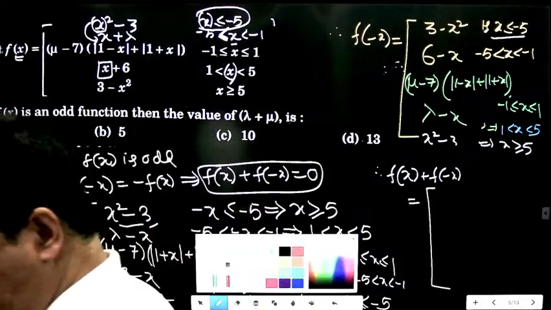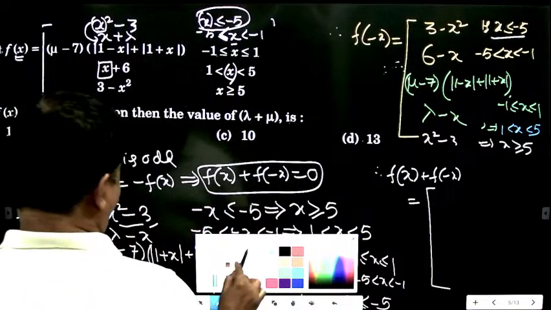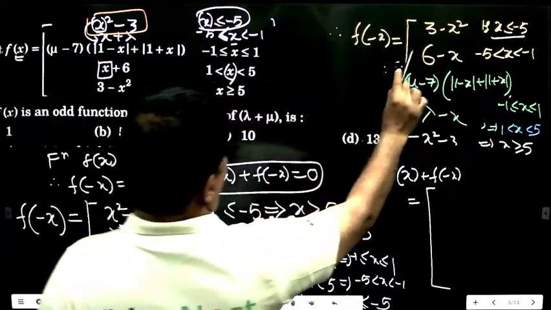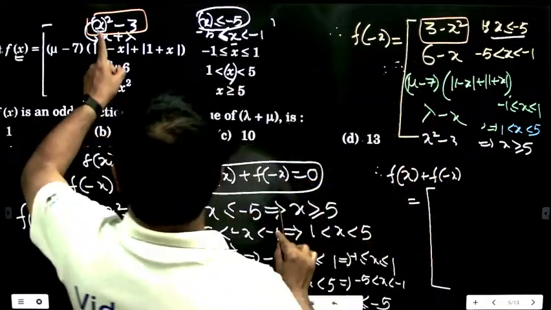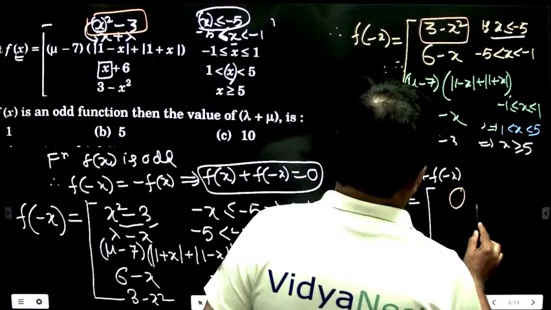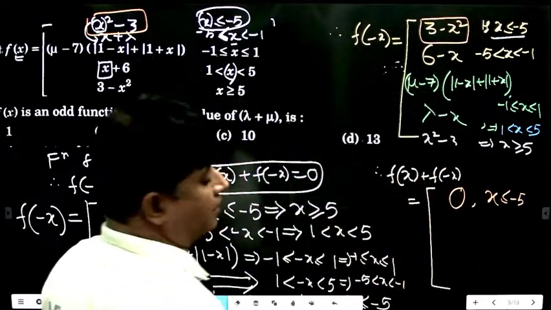So, these two functions will be added. See, these two values will be added. X square minus 3, 3 minus x square, that is 0, when x less than equal to minus 5.